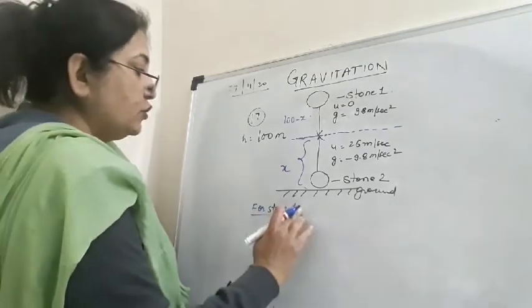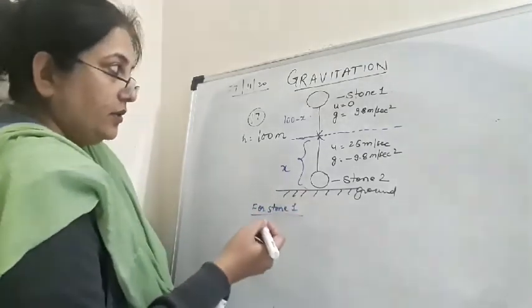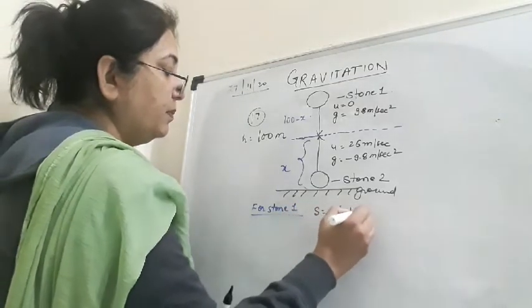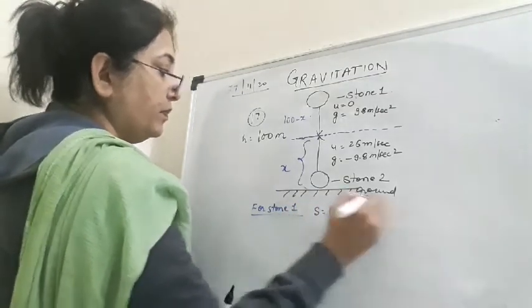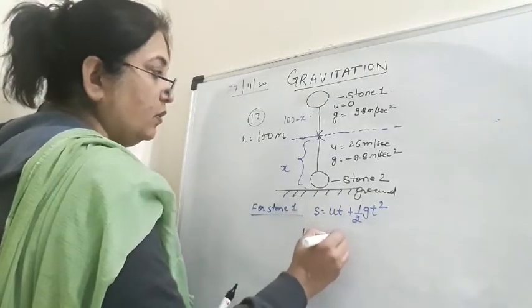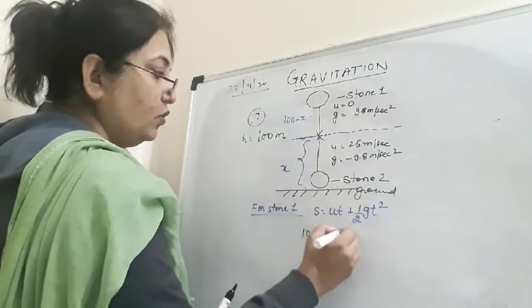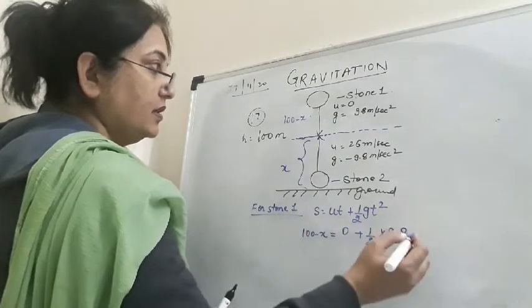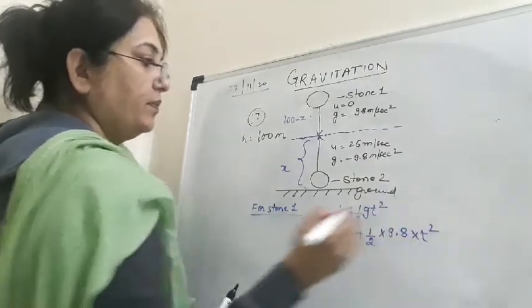Let us take the second equation, s equals ut plus half gt square. Now s means 100 minus x equals u, which is 0, plus half into 9.8 into t square.